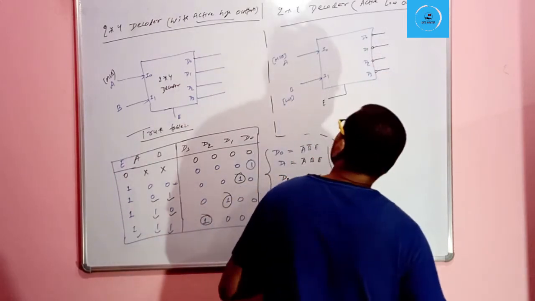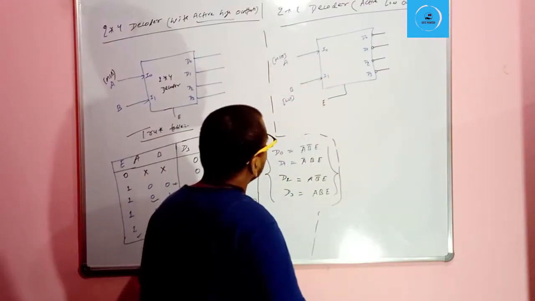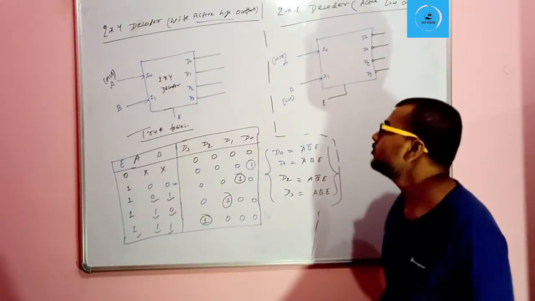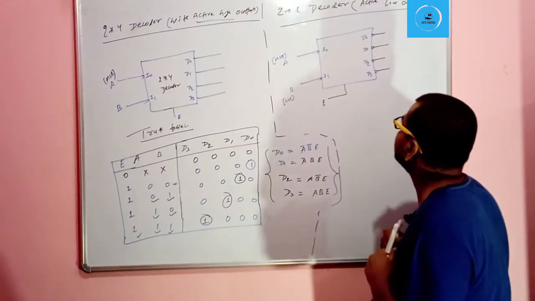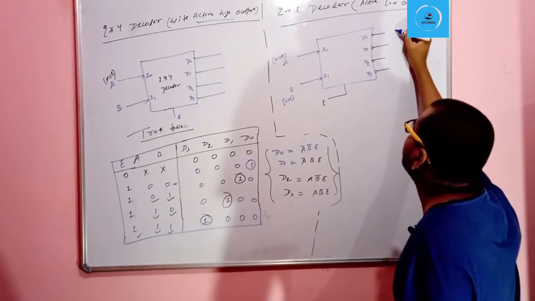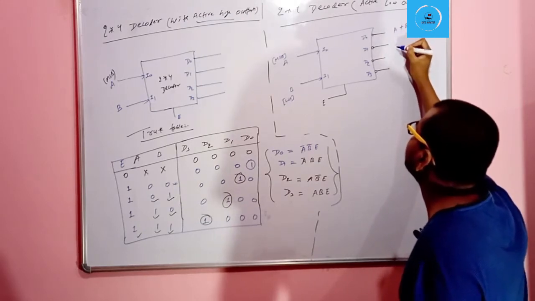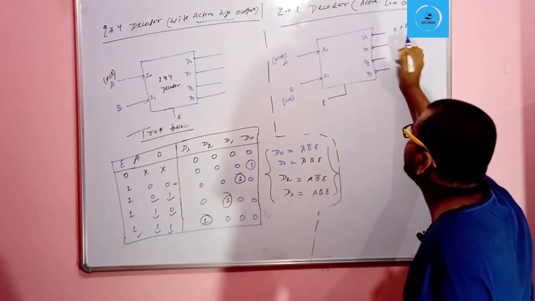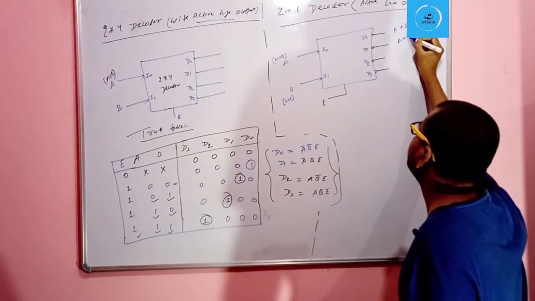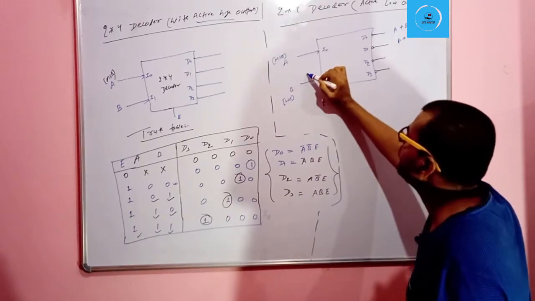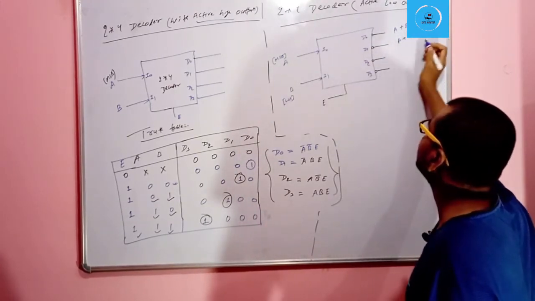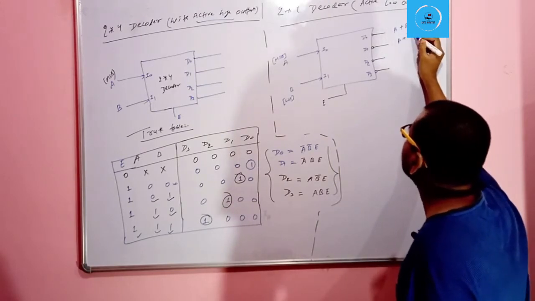If we select AB, the two inputs of the decoder, as 00, then D0 will be selected, and the expression for D0 will be A plus B. If AB is 01, then D1 will be selected.